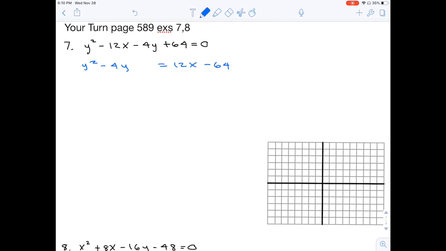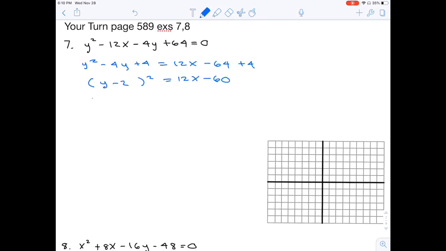Let's complete the square. Negative 4 divided by 2 is negative 2, and negative 2 squared is 4. Add 4 to both sides. Next, turn this into a binomial squared. That equals 12x minus 60.